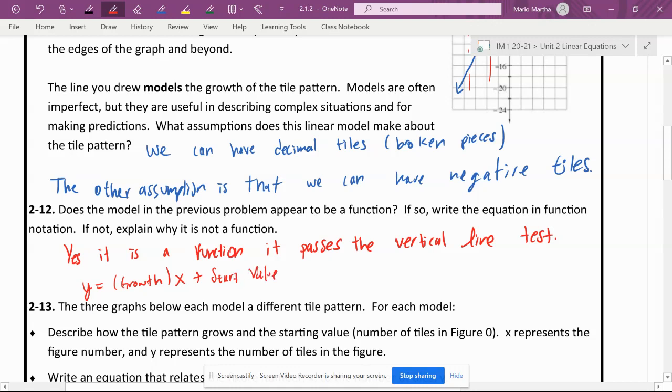In this case, like we said, we have a growth rate of 5. So y equals 5 times x, and then our initial value is 2, so plus 2.